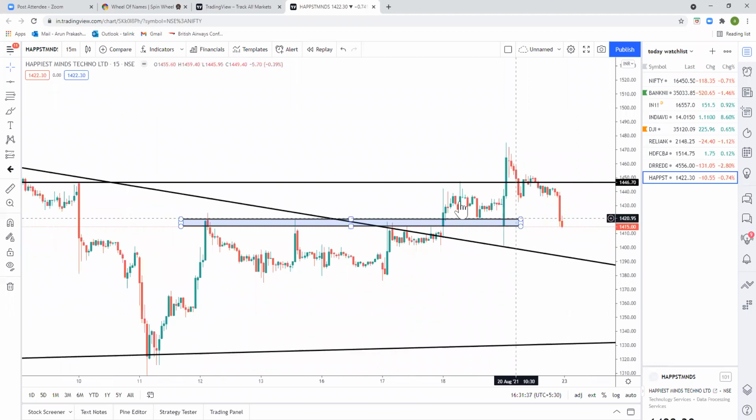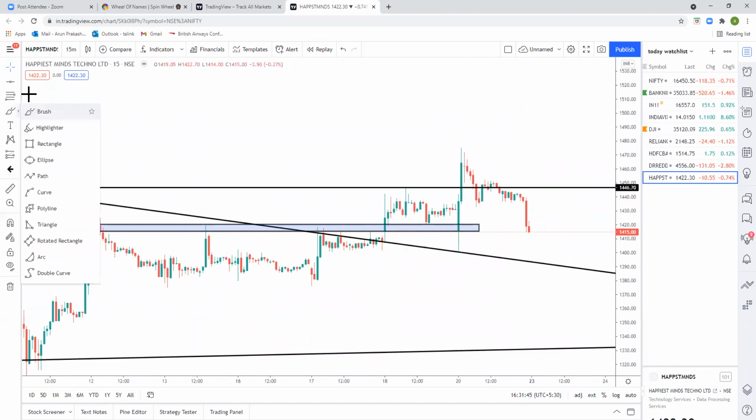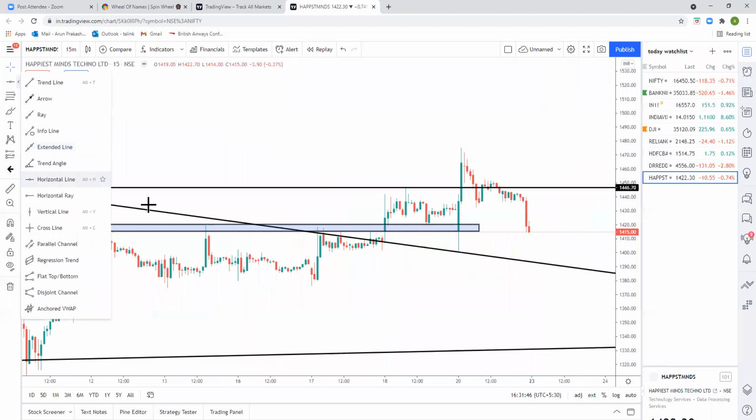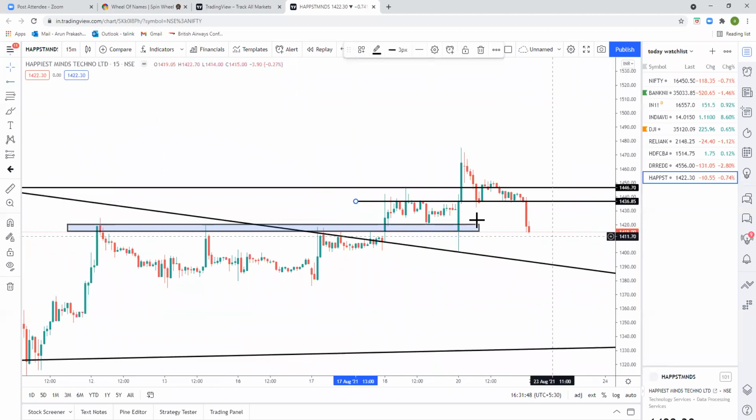Now it broke out of this level also. The next time when it came down for a retest, it perfectly took support at this level, the candle closing zone. This was your previous resistance. It got broken, and now this previous resistance is acting as support.